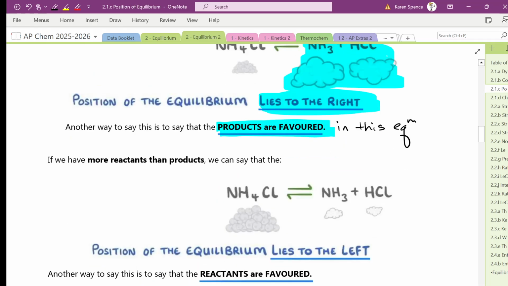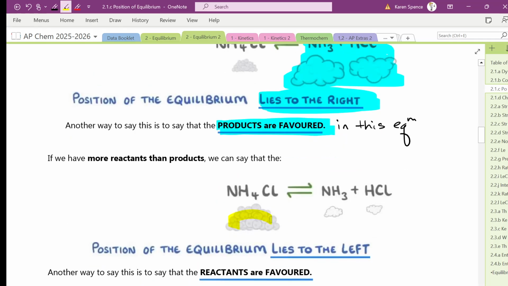If we have more reactant, then the position of the equilibrium lies to the left. In other words, the reactants are favored in this other equilibrium. Now, it's the same system. We still have NH4Cl. We have just different conditions.